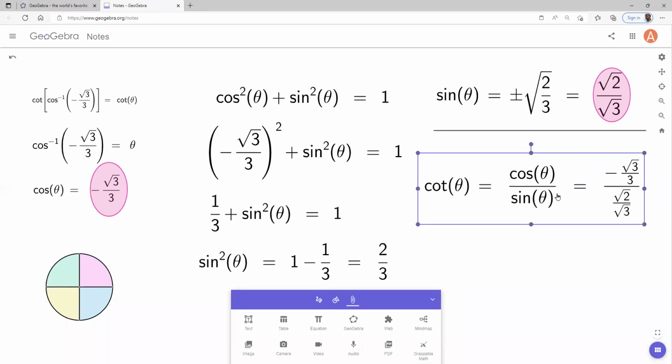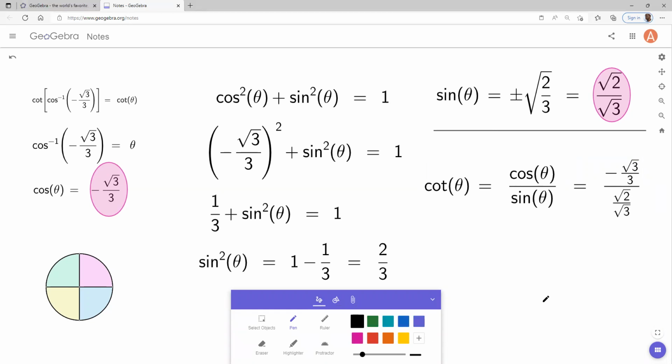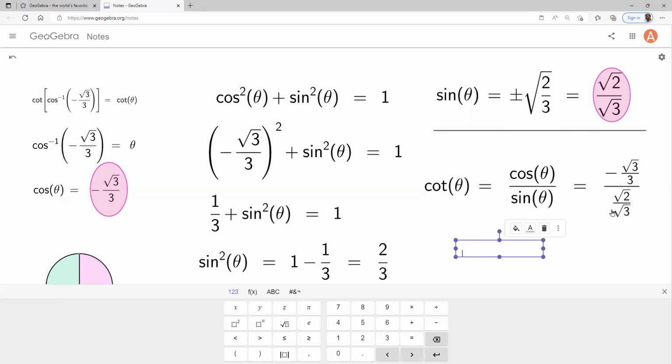Okay. Now if you cancel, I'm going to show you here a little bit. You're going to flip and multiply. Well, let's do the flip and multiply here. So I have negative square root of 3 divided by 3. And I'm going to multiply it, I'm just going to use parentheses, guys.